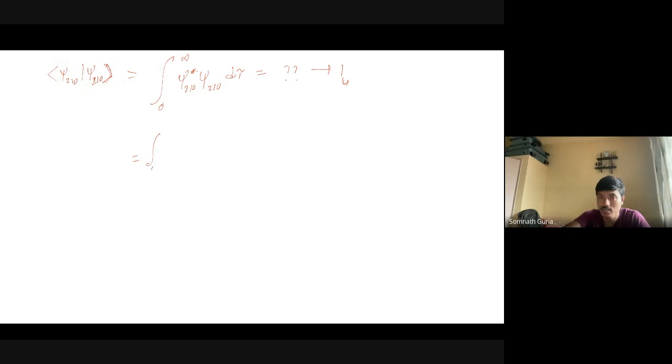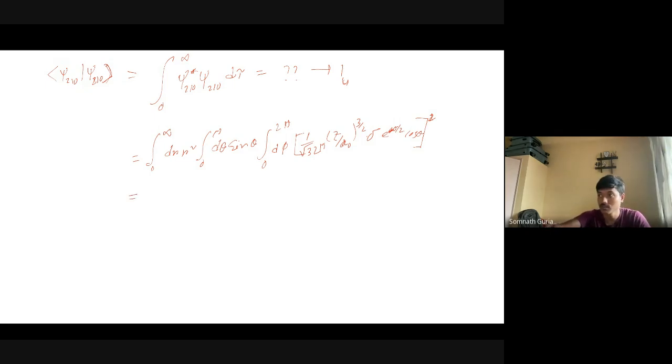Based on that, we'll write the integral from 0 to infinity dr r square, with 0 to pi d theta sine theta, 0 to 2 pi d phi, followed by the equation: 1 by 32 pi, z by a0 to the power 3 by 2, sigma e to the power minus sigma by 2 cos theta, whole square.